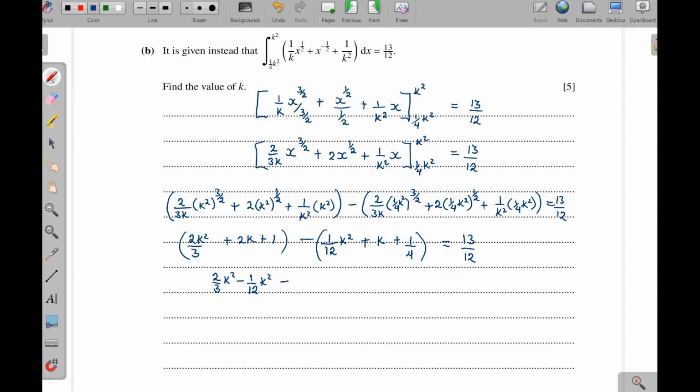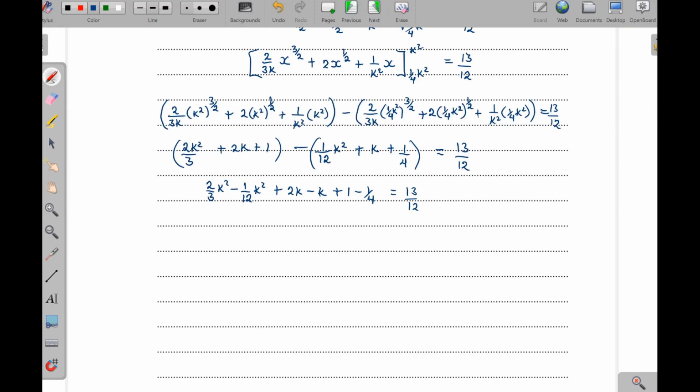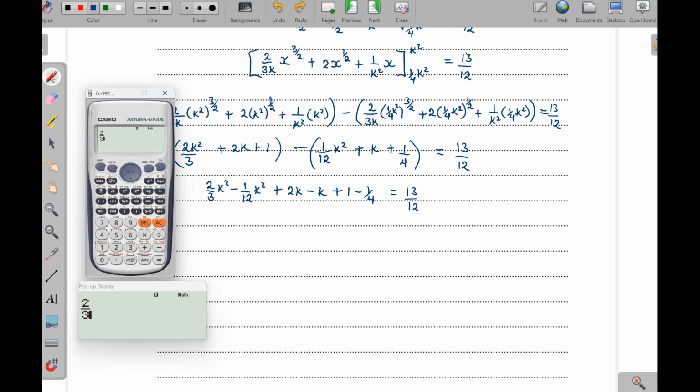Then we have the 2k, then minus the k, then 1 minus a quarter. Then this one is equal to 13 out of 12. So what do we get here? 2 out of 3 minus 1 out of 12. You get 7 out of 12.